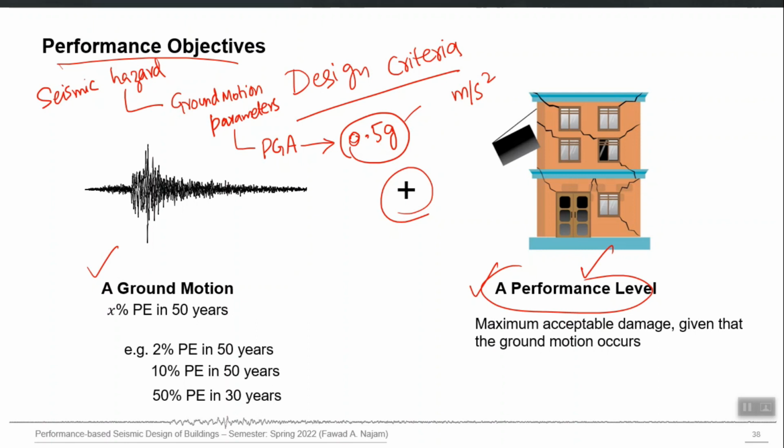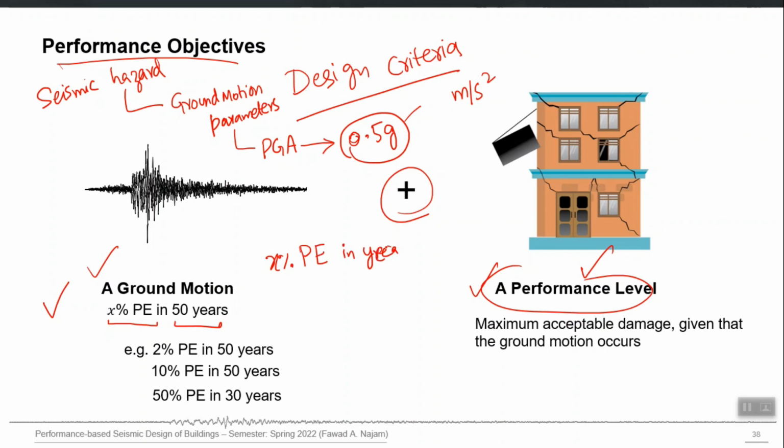There is no probabilistic definition in the deterministic framework, but nowadays we define hazard in a probabilistic framework, and the ground motion parameter, which can be PGA, should be associated with a percentage of probability of exceedance in some years, right. For example, x% probability of exceedance, PE, in y years.